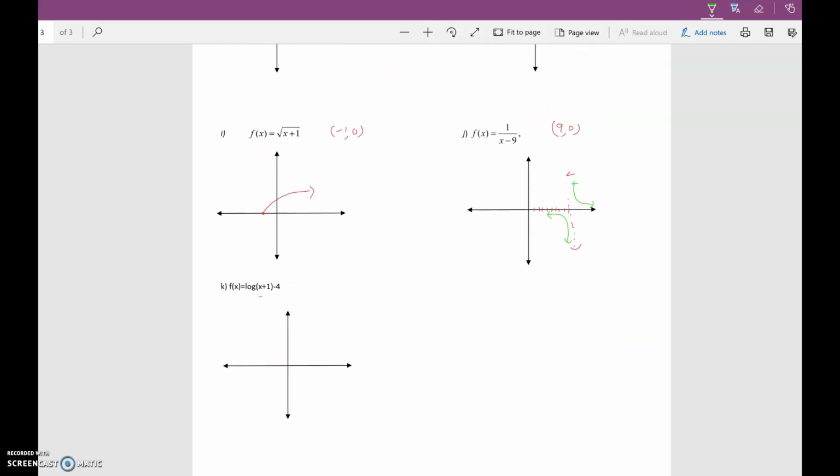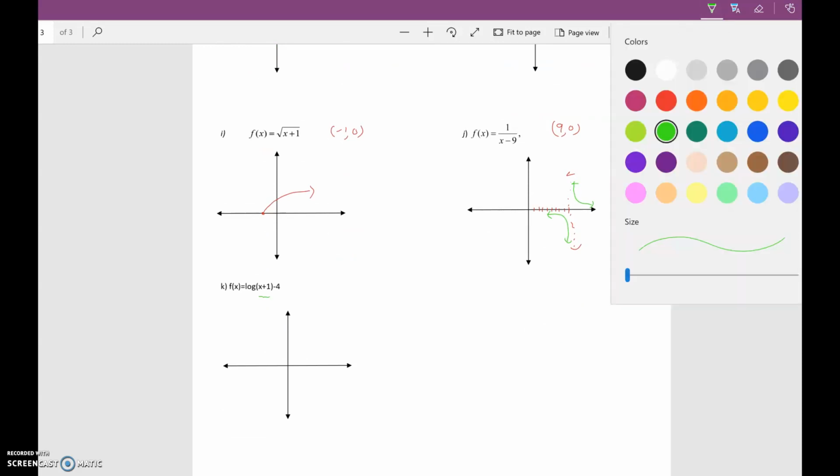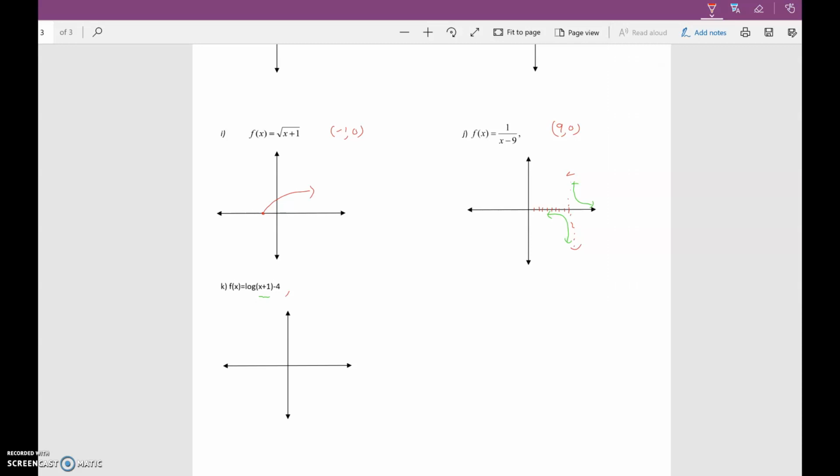Now let's talk about the actual log. For this specific log, you cannot have 0 in it. So you're going to have that x is not equal to negative 1. At negative 1, you're going to have what used to be 0. And then technically negative 4. So 1, 2, 3, 4. Okay, so let me give you the reference point for this one.